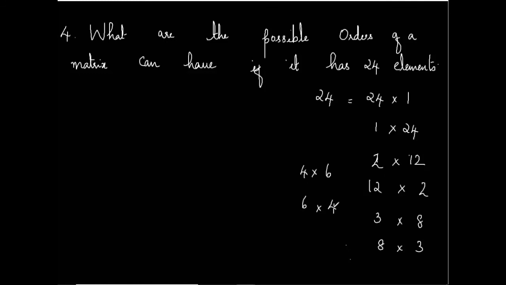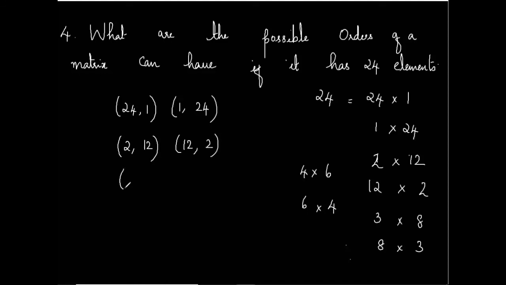So when we express these pairs as ordered pairs, we will get ordered pair 24, 1; 1, 24; 2, 12; 12, 2; 3, 8; 8, 3; 6, 4; and 4, 6.